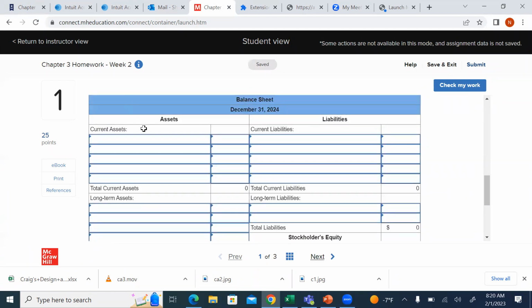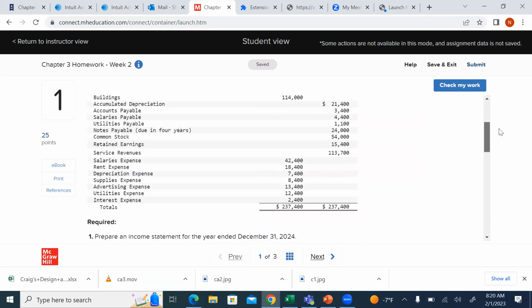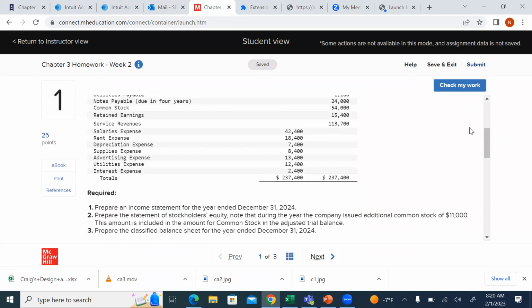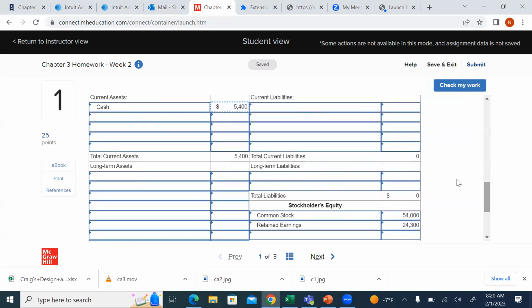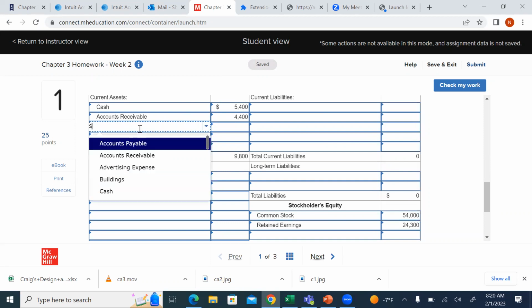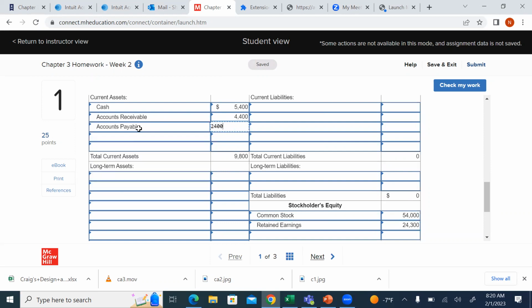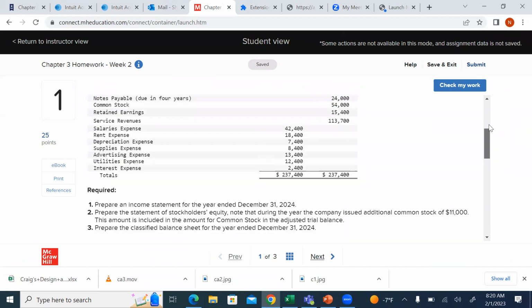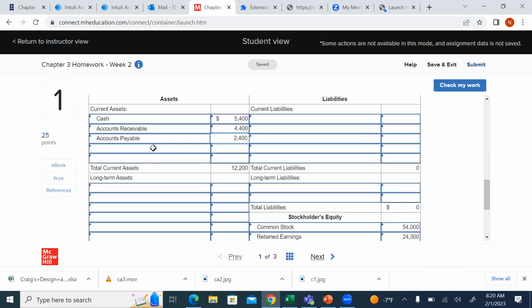Cash of 5,400. We've got accounts receivable of 4,400. Supplies of 2,400. Prepaid rent of 6,400.